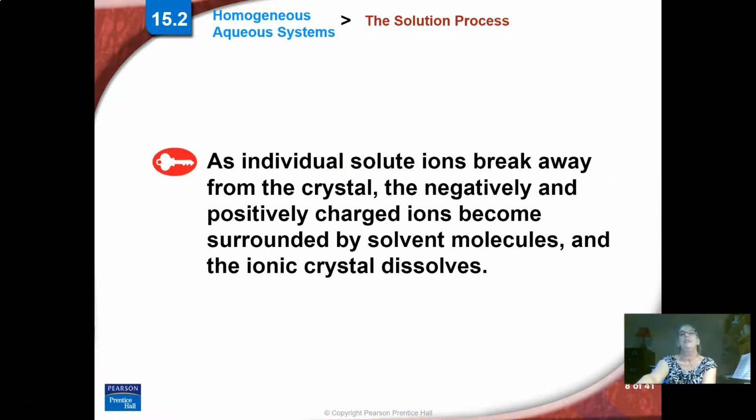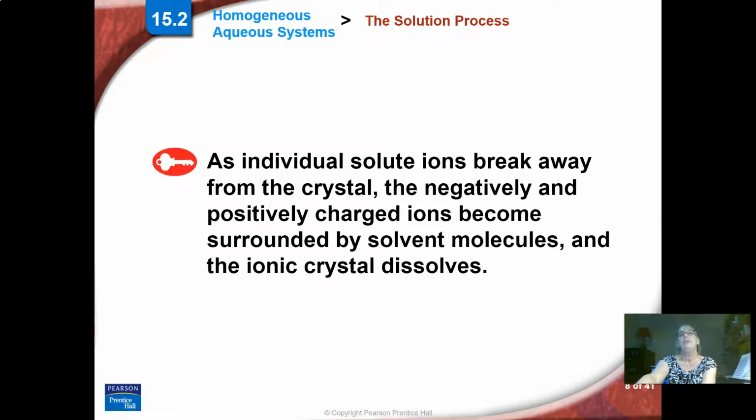So what happens when we make a solution? The solute ions break away from the crystal if they're ions, or if they're sugar molecules, they will also break away from the crystal, and they'll be surrounded by the solvent. So an ionic crystal can dissolve because the ions break apart from their crystal structure and are surrounded by solvent molecules, and generally that's water.